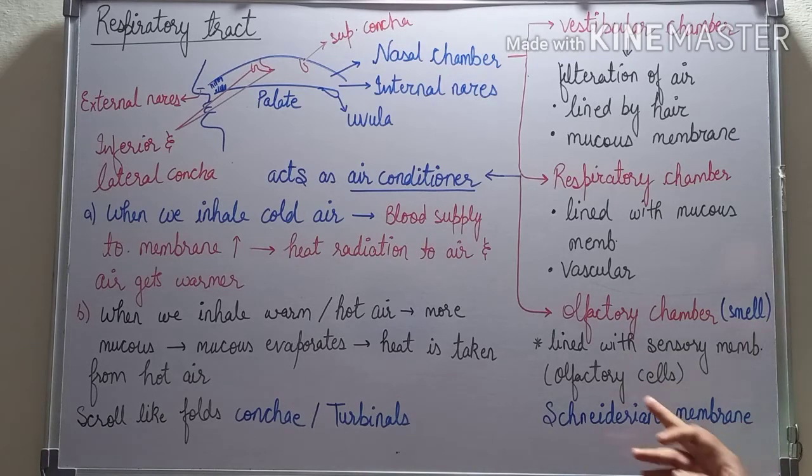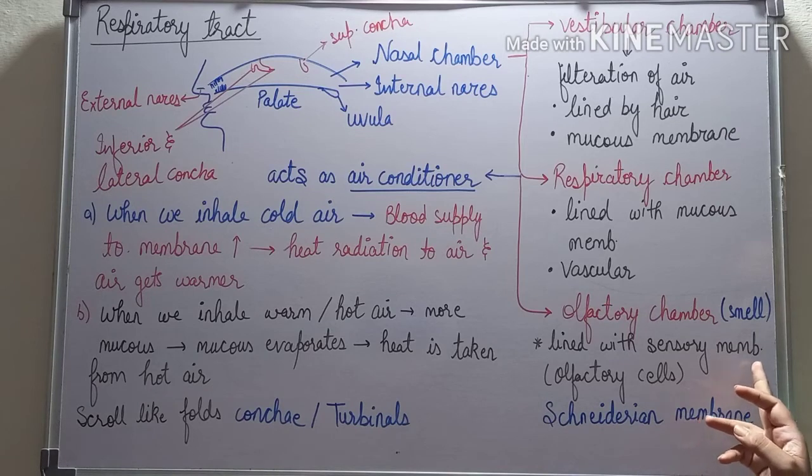And this olfactory chamber is lined with sensory membrane. What is the sensory membrane also known as? It's also known as Schneiderian membrane. Some call it Schinderian membrane also, some call it Cnidarian membrane also. Whatever you want to pronounce, you can pronounce, but the spelling should be absolutely correct.